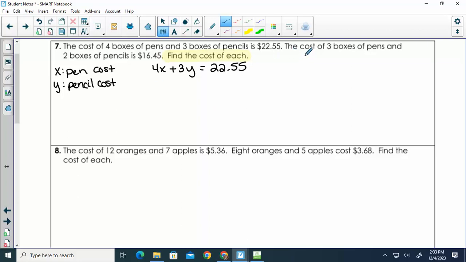The second one, the cost of 3 boxes of pens. So a pen is x, so that would be 3x. And 2 boxes of pencils, 2y, equals $16.45.